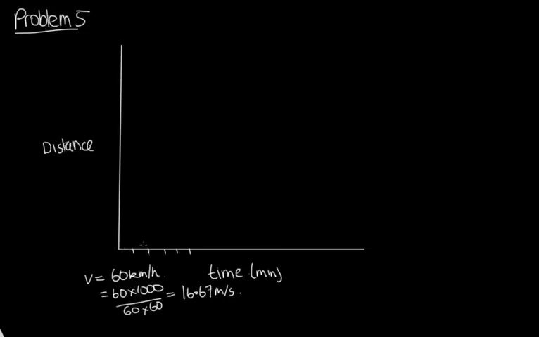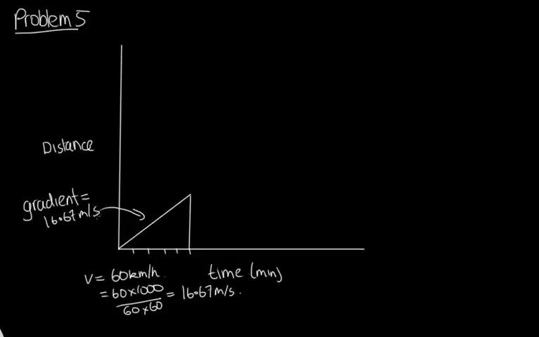So because it's going with a constant speed, on the distance time graph, this is a straight line, and it's going to have the gradient of 16.67. So let's draw it like that. We should have this one aligned with that one. So that's for the first 5 minutes. And here we've got a gradient equal to 16.67 meters per second.